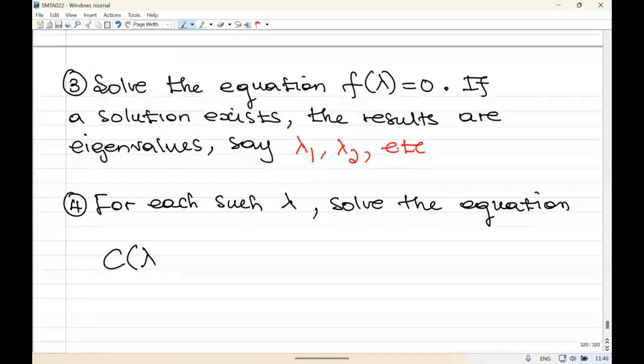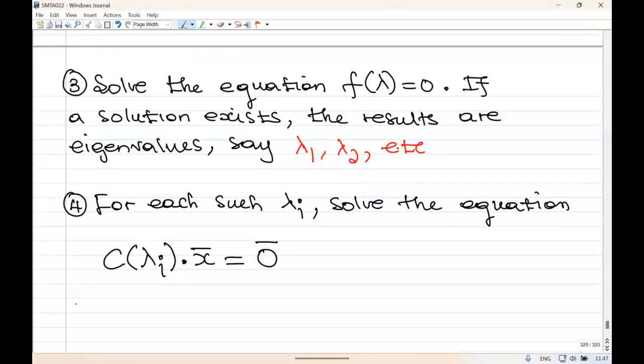Instead of writing 1 here, let me put i, which will start from 1, 2, 3, depending on the eigenvalues that you got.